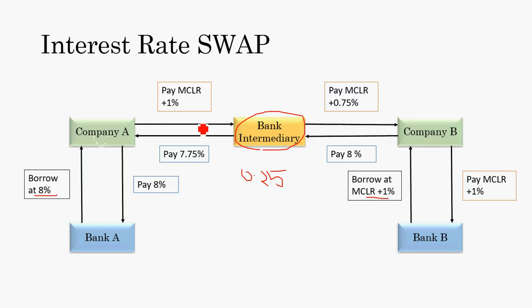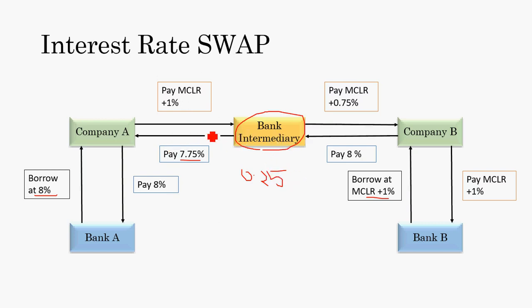Now both company A and B want to convert this fixed to floating and floating to fixed. So they approach a bank, and the bank is going to act as an intermediary between company A and company B. So company B will pay 8% to the bank, and the bank in turn will pay 7.75 percent to company A. The bank is going to take 0.25 percent of the payment as its commission.